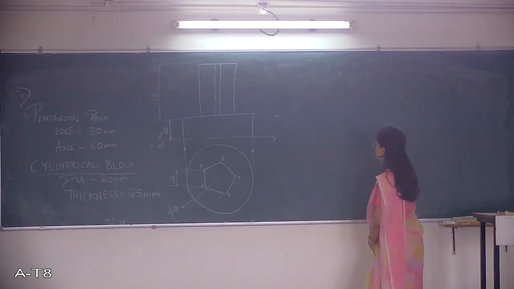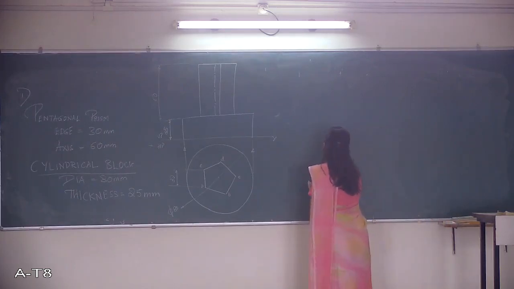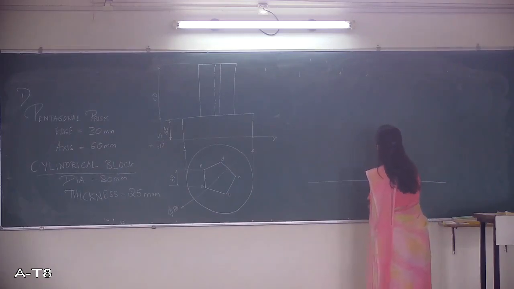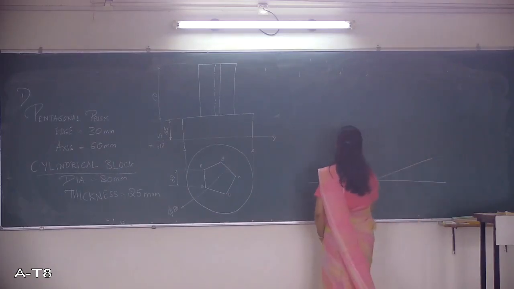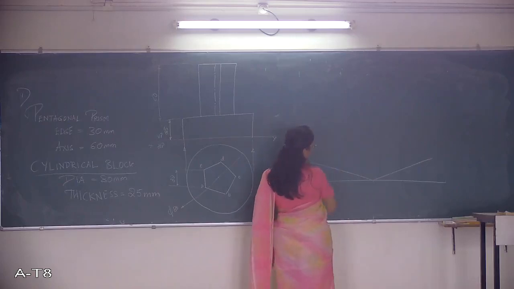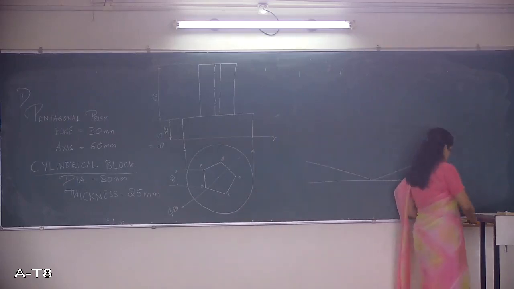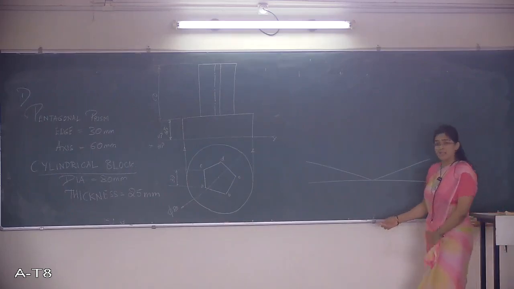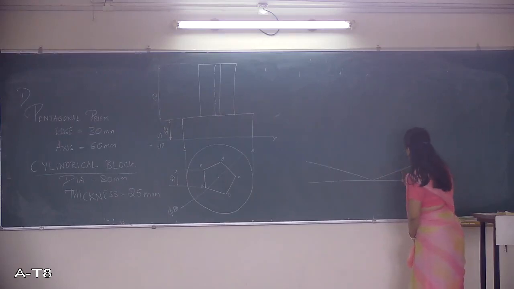To get the isometric projection, as we know, we have to first start with the isometric axis. You draw them like this.